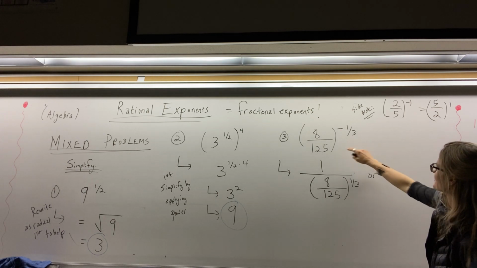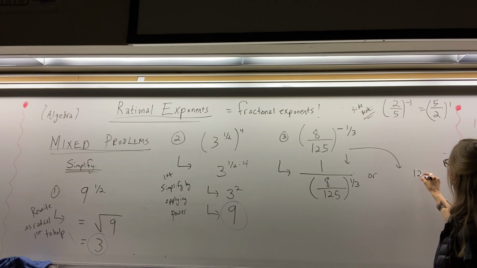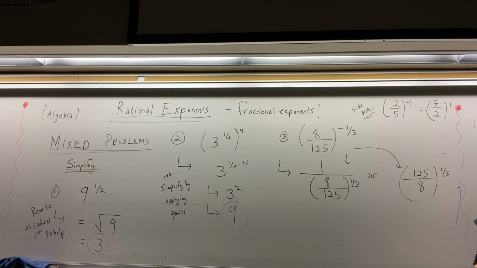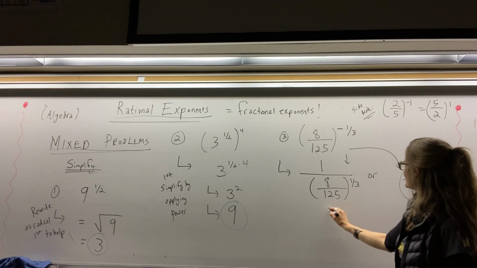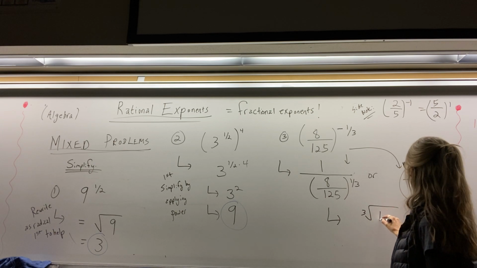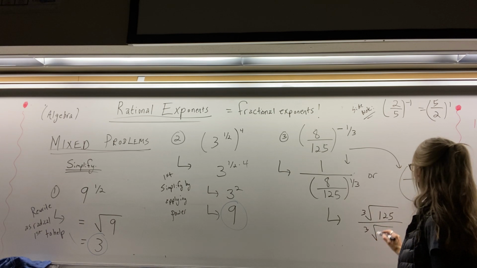So this is the same thing as 125 over 8 to the positive 1/3 power. Makes it a little easier. Okay, which then becomes the cube root of this quantity over the cube root of this.